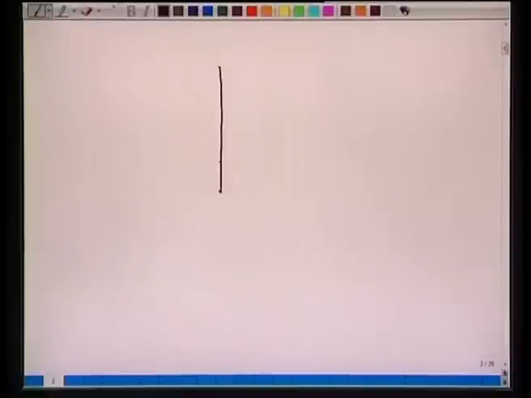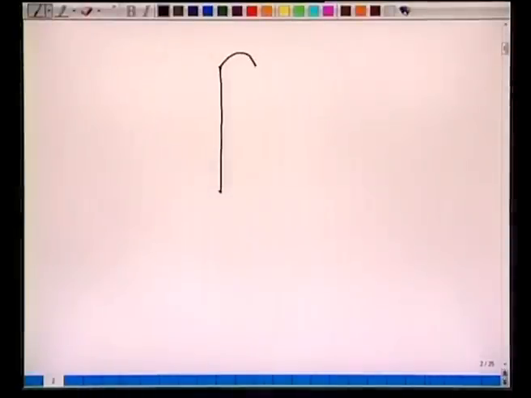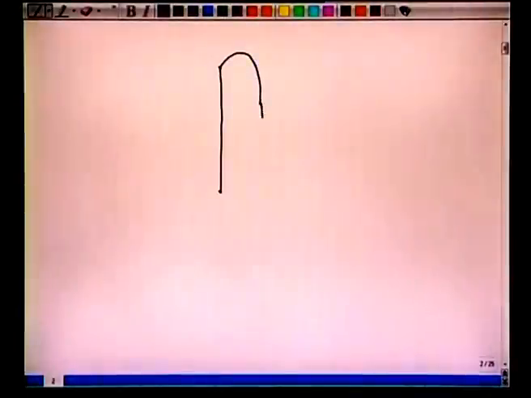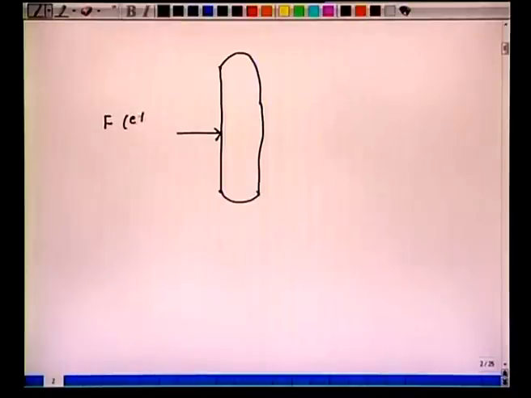So we have a distillation column. Let's draw the distillation column. The problem statement reads that the feed consists of a binary mixture of ethanol and water, and it is 30% weight by weight.